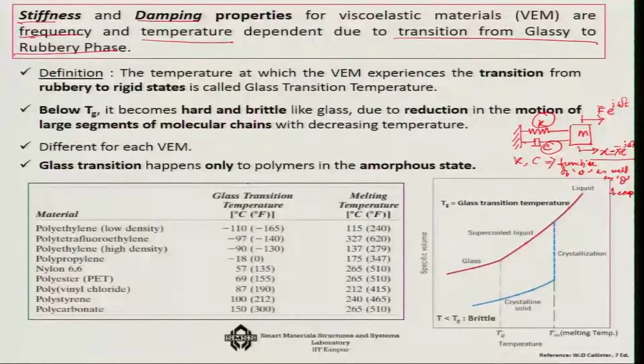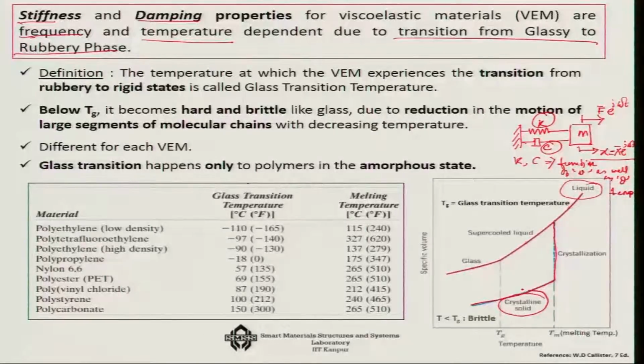In fact, if you look at what happens for liquid to crystal formation, if you keep a controlled cooling process, then most of the metals and metallic oxides go through this route and you will develop a crystalline solid.